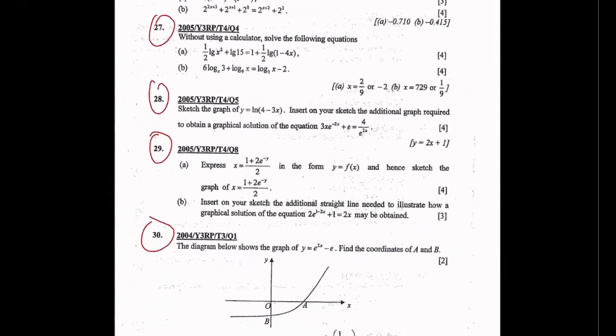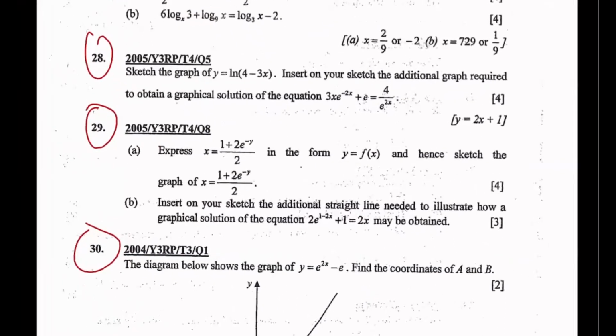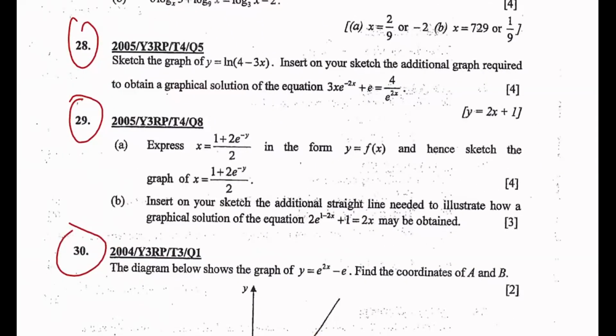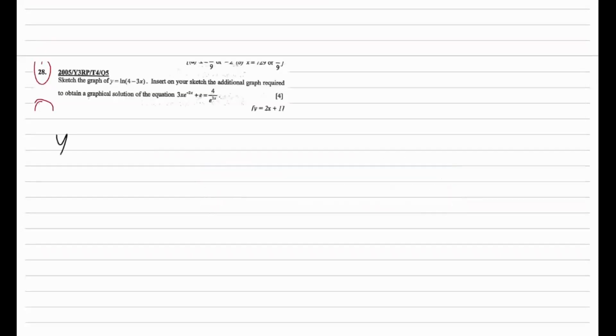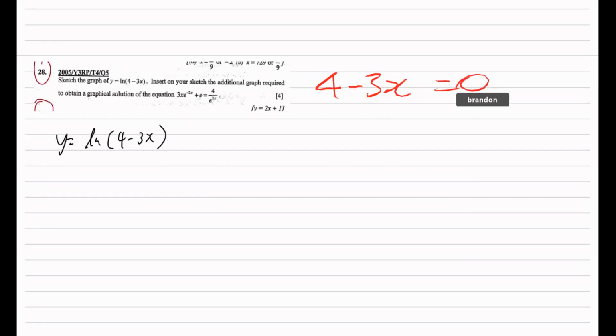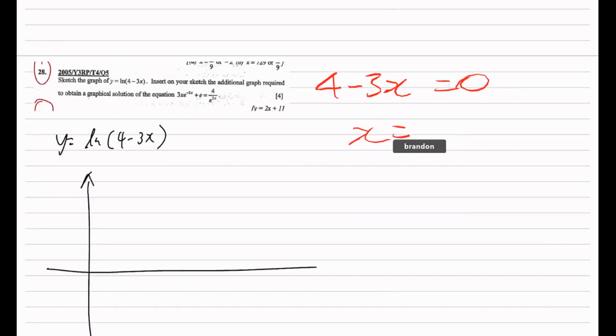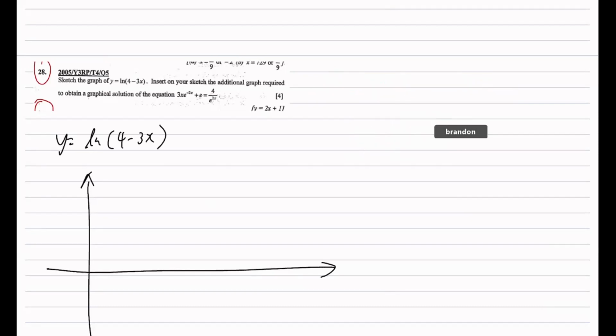So sketch the graph of y equals ln of 4 minus 3x. Insert additional graph to solve graphically the other equation. So where's my x? X equals 3/4. Okay, good. What else?